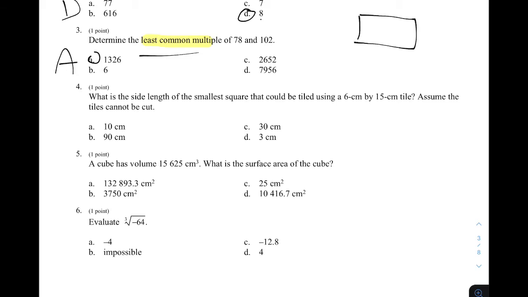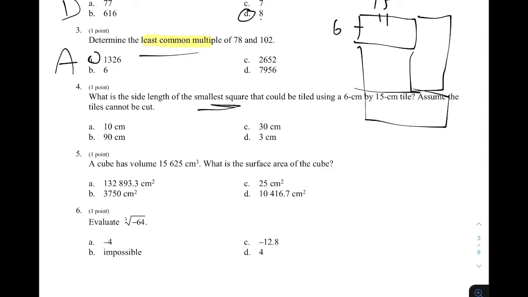So if we have a 6 by 15 tile, and I'm trying to tile a square, that means I'm trying to lay these out in such a way that I get a square in the end. So that probably won't work just doing something like this.